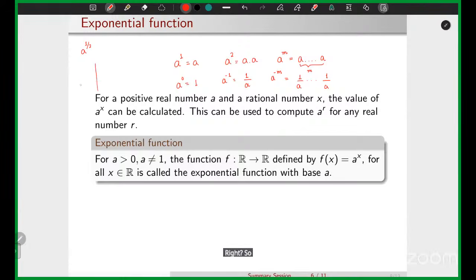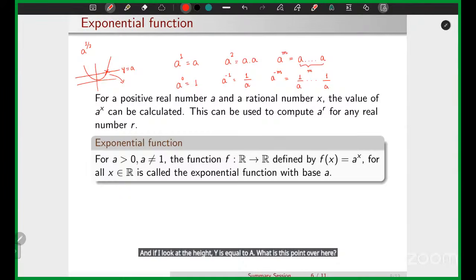So if you want to look at it with the graph, and if I look at the height y is equal to a, what is this point over here? It is equal to some x comma a, right?